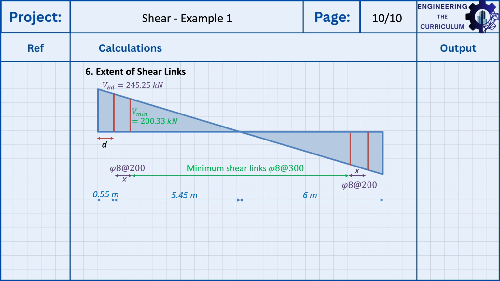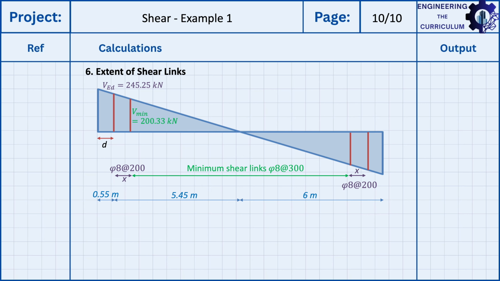And the very last thing I want to do is I want to think, where can I put my minimum shear links? Obviously, the closer I get to 0, they're definitely going to be there. And where do I need to provide the shear links to cover the 245.25 kilonewtons? So you can see here, I've drawn out the shear. At a distance of D from my maximum shear that I calculated in the beginning, I've got VED, 245.25.